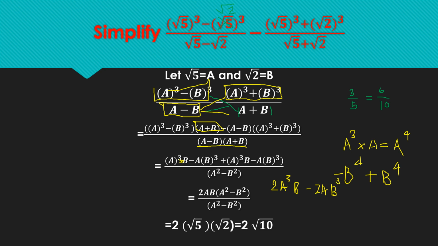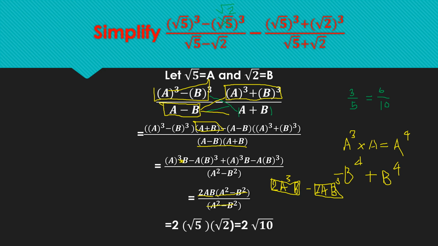I can immediately factorize the common terms. We have a 2ab and we also have a 2ab. So I factorize here. I'm left with a squared minus b squared. Now when I have common terms in the numerator and denominator, I will immediately cancel it out. It's useless.